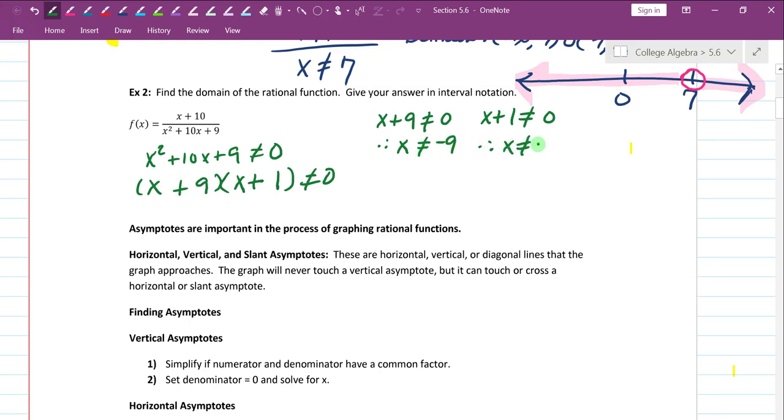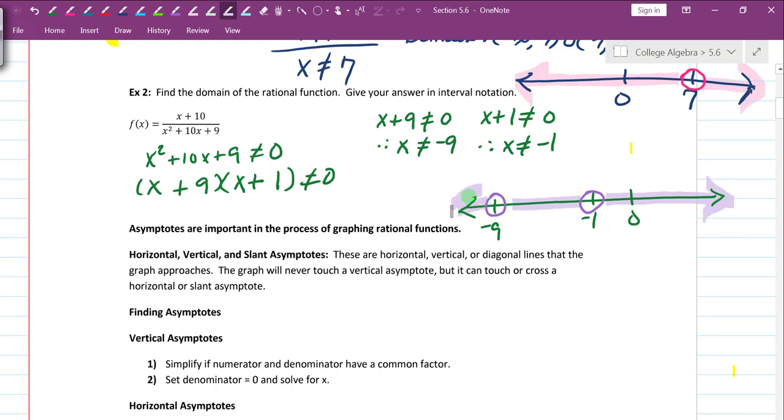We're going to draw a number line and put down our 0. We'll put negative 1 and negative 9, and we cannot equal negative 9 or negative 1, so we have open circles. Our domain is all the other numbers. Let's write our domain in interval notation.